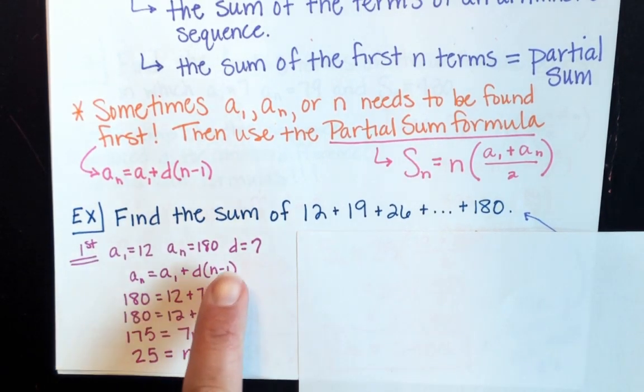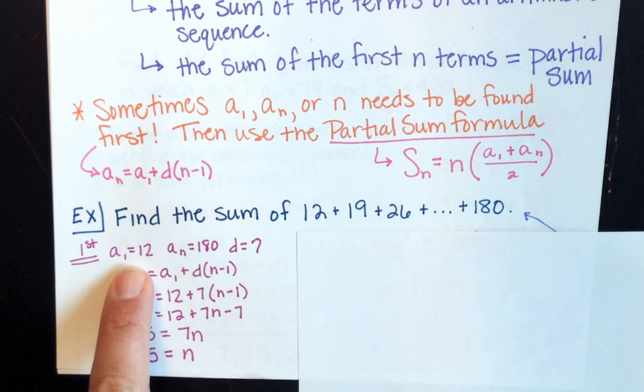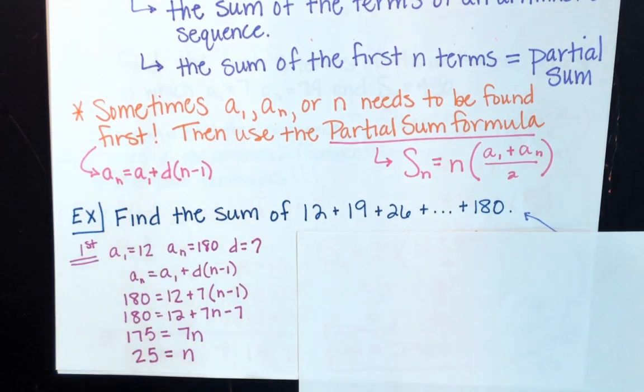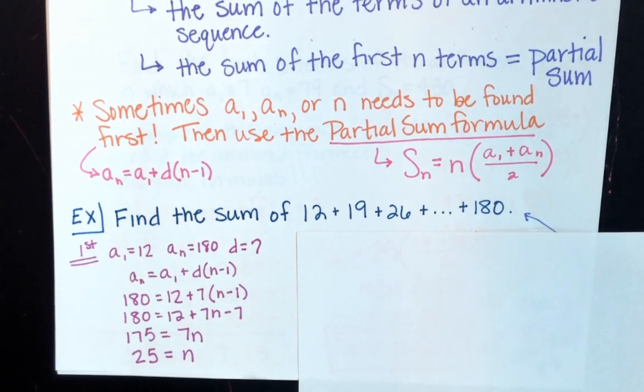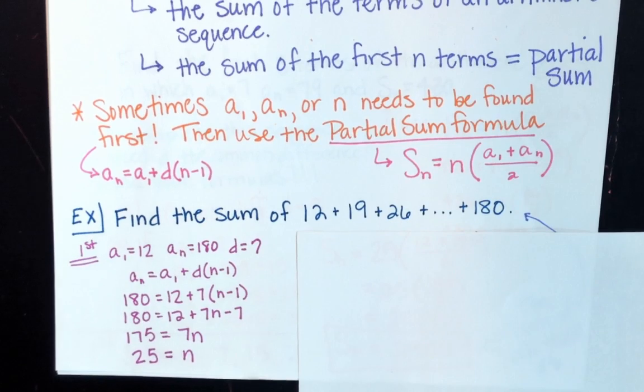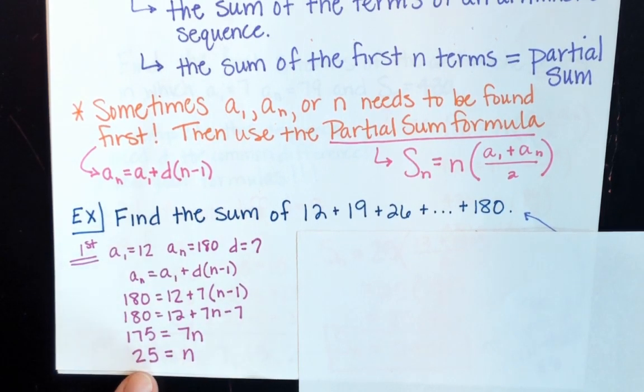So I plug it in my formula. I have a sub 1, which was 12. I have the nth term, which in this case is 180. Again, I don't know what place that holds, that n position. I just know that it happens to have the a sub n value of 180. And I solve for n, distribute the 7, and I get 25.